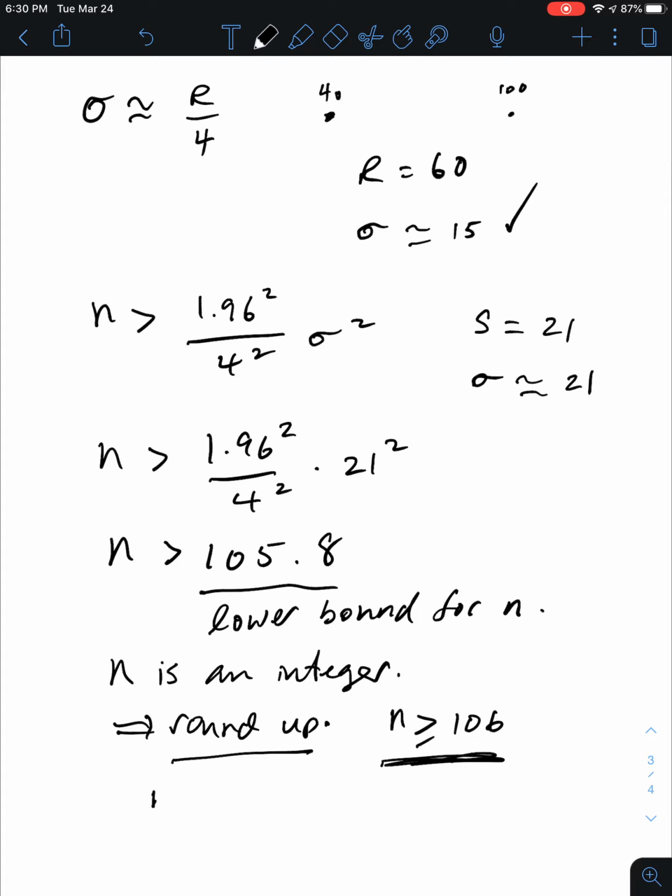If I had come up with a number like n is greater than 105.2, I would still round up to 106 again. Normally we round down, but in these questions I have to round up because I need an integer that is greater than whatever number I calculated.